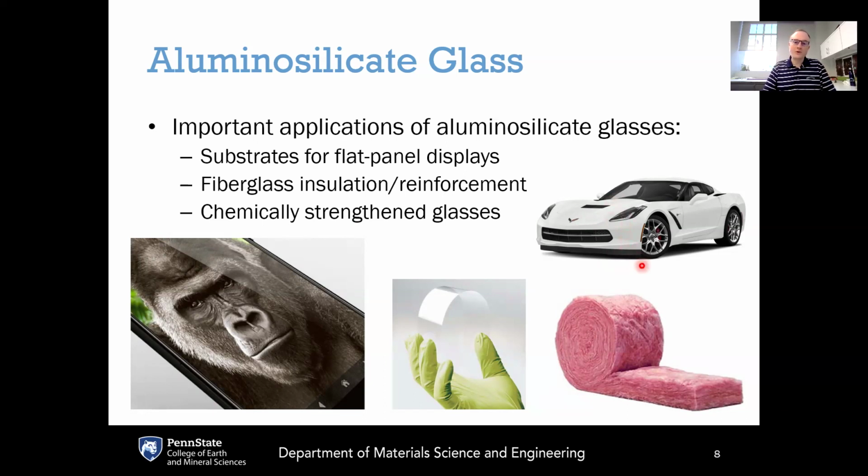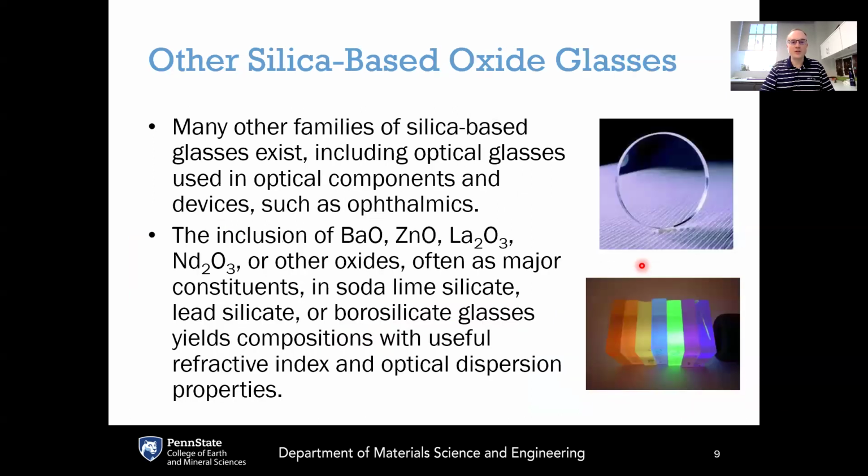Corvettes are known for their lightweight and high speed, and also, of course, the beauty of the car itself. And all of that is made possible by the use of fiberglass. Fiberglass is also the material of choice for making most boats nowadays. So the lightweight of the fiberglass, the high strength, the resistance to attack by water, all of these properties make fiberglass the material of choice.